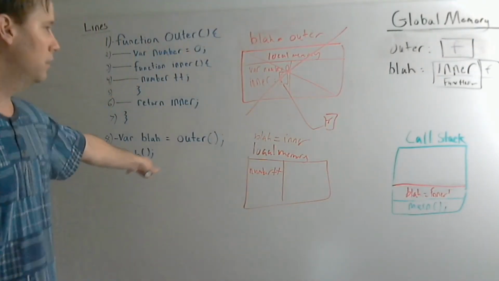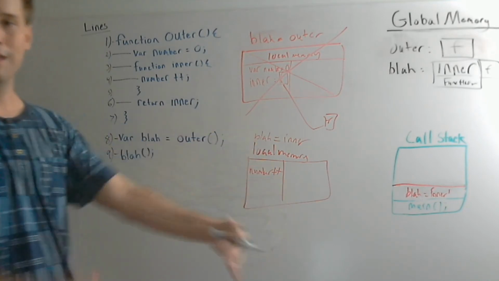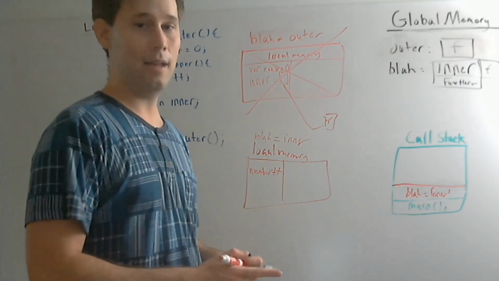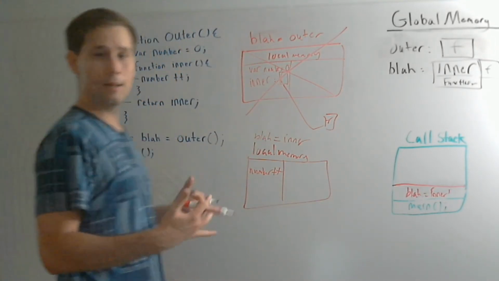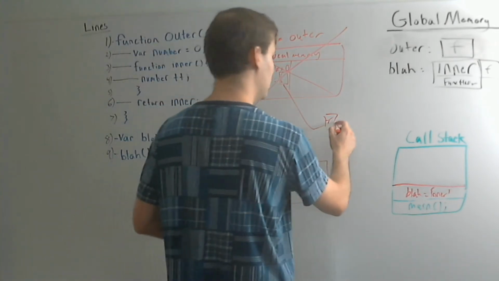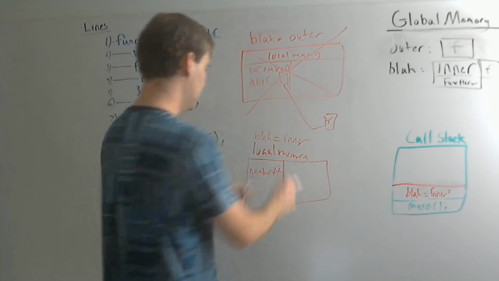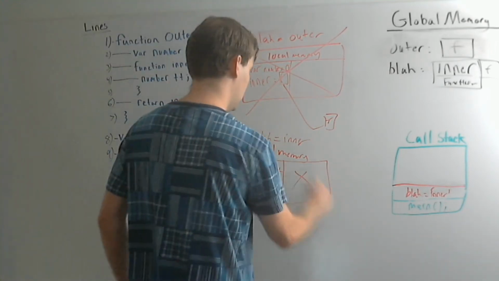Because we called it. So what happens? Well, this is what closure is. Think of it as preserved data. Preserved data. That's probably the best way of explaining it. It really helped me understand. So we're going to be looking for number here in the local scope of inner. We're not going to find it, right? So not getting it there.